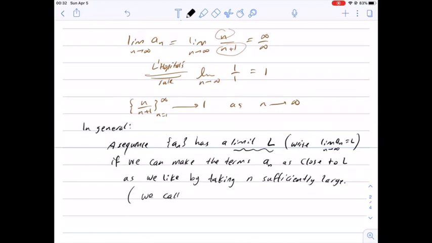In this case, we call the sequence a sub n a convergent sequence. Otherwise, it's divergent. A sub n is divergent.